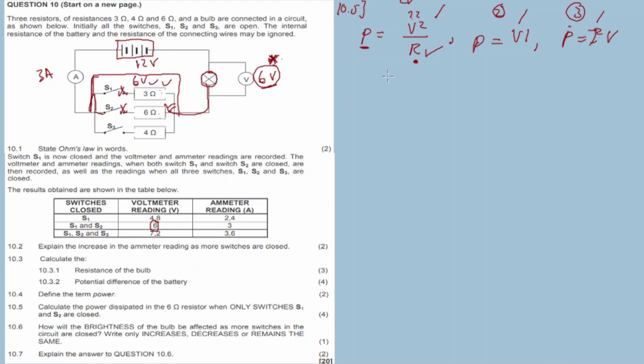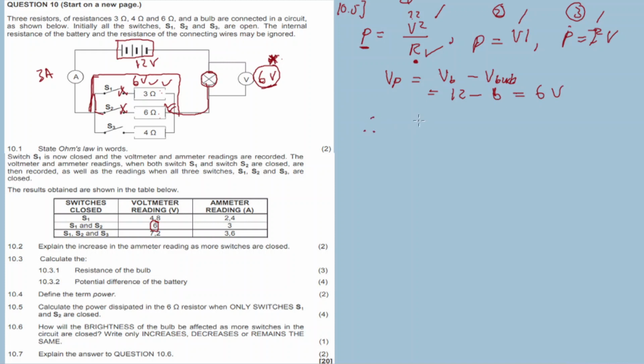So therefore, the potential difference across the parallel connection, let's say Vp, is equal to V of the battery minus V of the bulb. So it is 12 minus 6, equal to 6 volts.